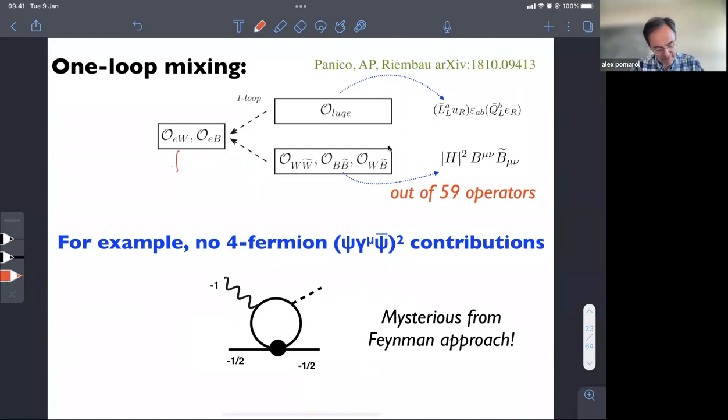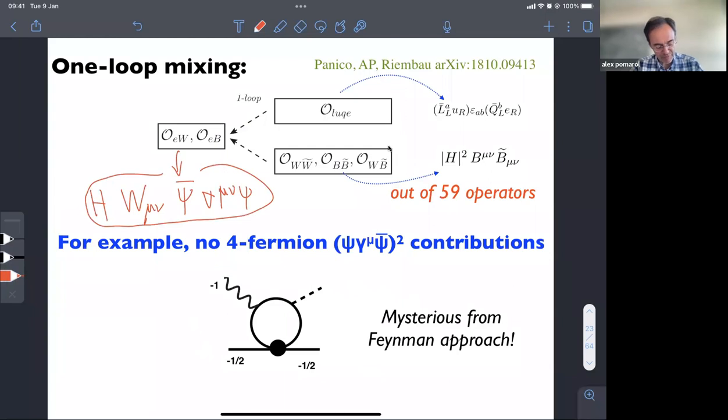This looks like something like W mu nu, the lepton, standard model fermion sigma mu nu psi and a Higgs. These dipole operators contribute to the electric dipole moment if the Wilson coefficient is complex.